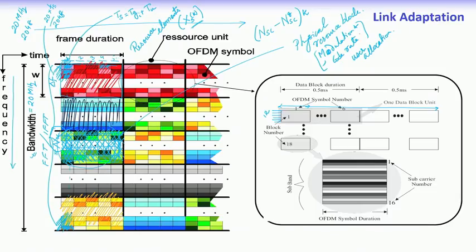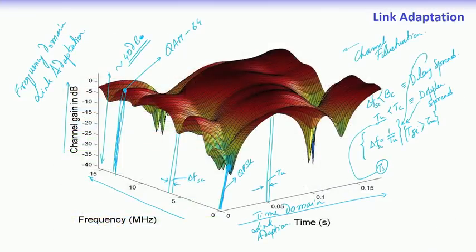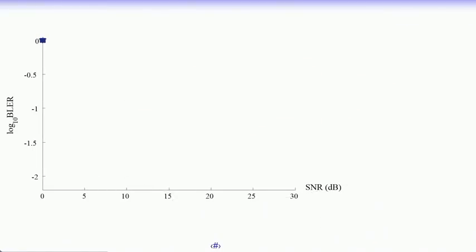And same would happen in the time domain also. So, we can choose a different color and indicate that this particular block may use a different modulation code rate compared to this. So, every resource block can be given a different modulation and code rate, because the channel has fluctuations in both time and frequency domain.